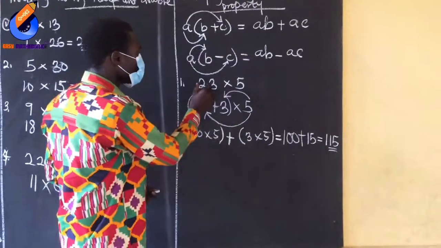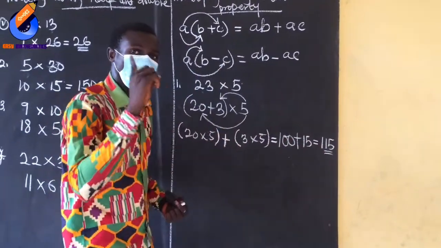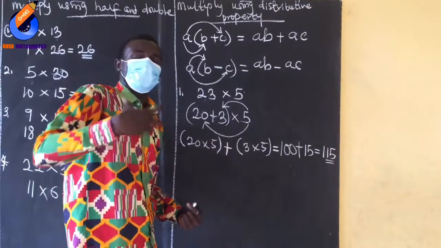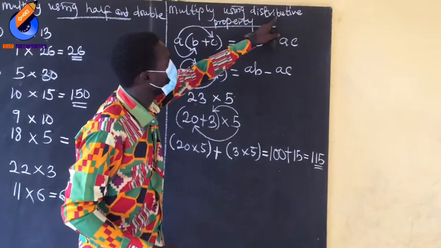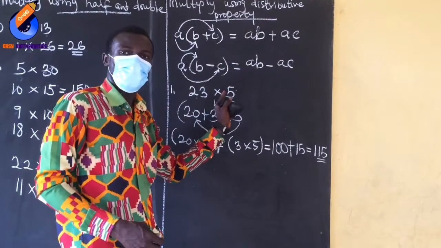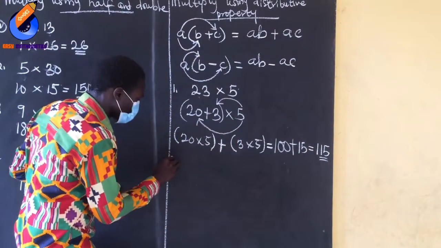If you multiply directly, you will also get the same thing. But what we should notice is what the question is asking us to do. The question is asking us to use the distributive property, so we'll go by the property.